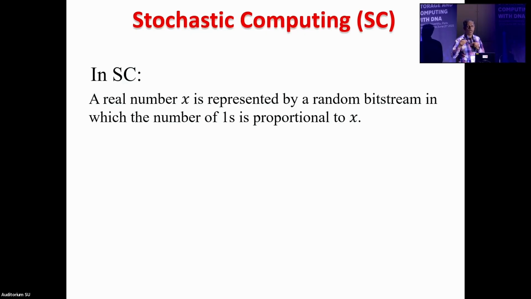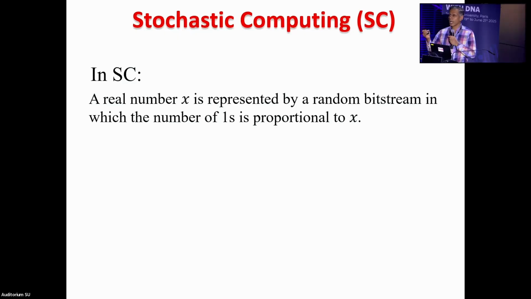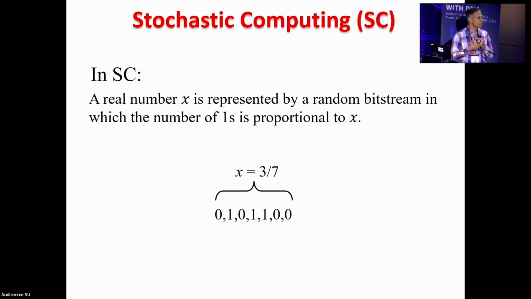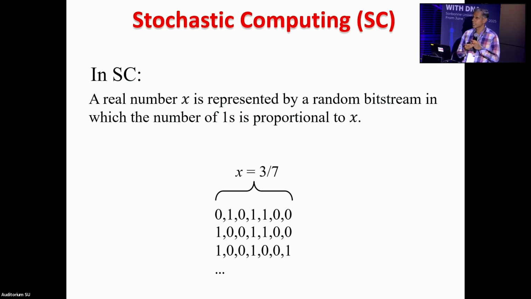If we have more 1s, it means that the number that we are representing has a bigger value, and if we have fewer, it has a smaller value. For example, here, for representing 3/7, we can have 7 bits, and 3 of them are 1. Of course, because this is not positional representation, we can have different representations for this, and these are all representing the same number.